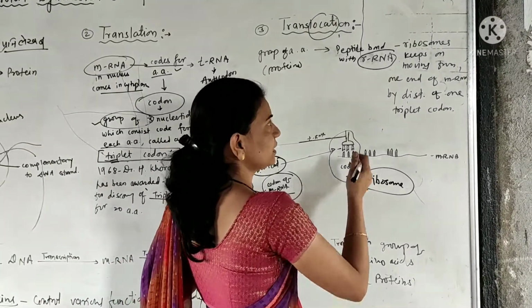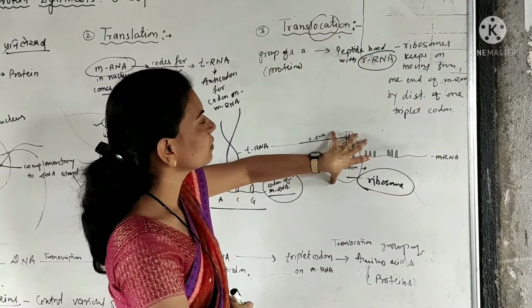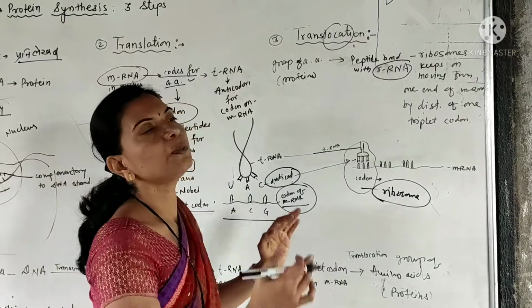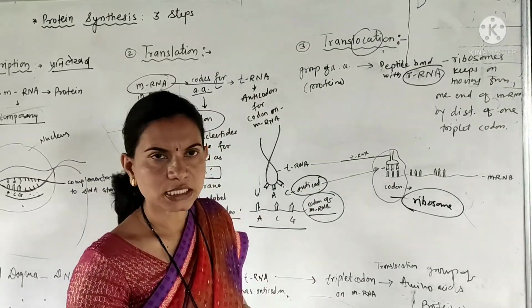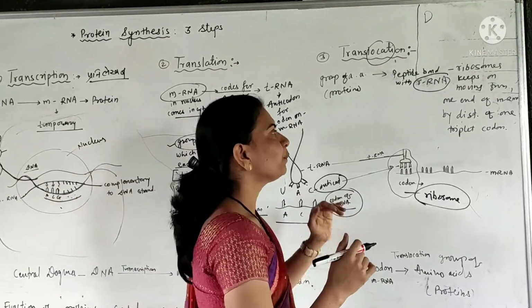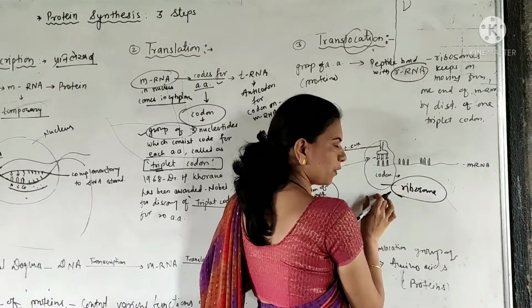So when amino acids or proteins are produced, then what happens? The group of amino acids is actually known as protein. Therefore, we call it a complex protein. Suppose this is one group of protein.